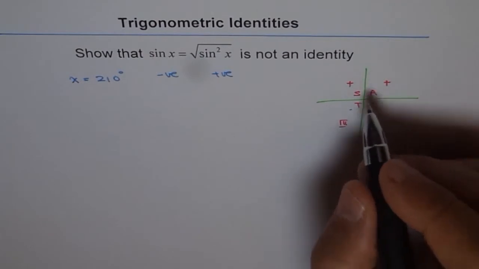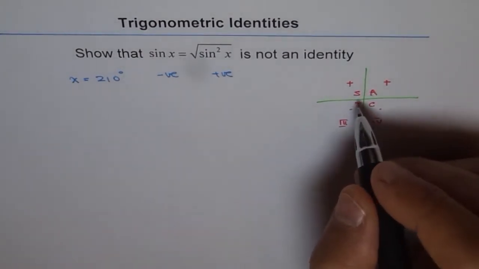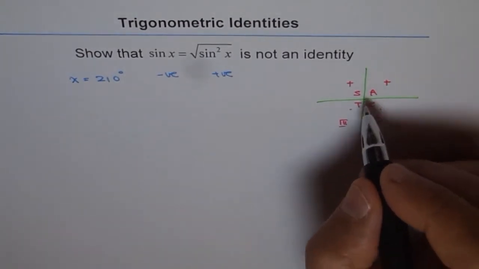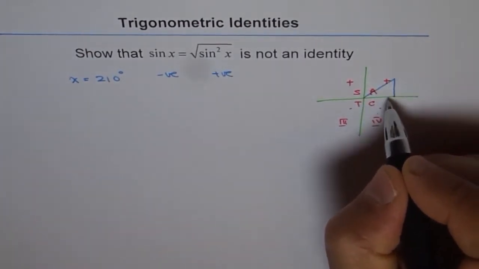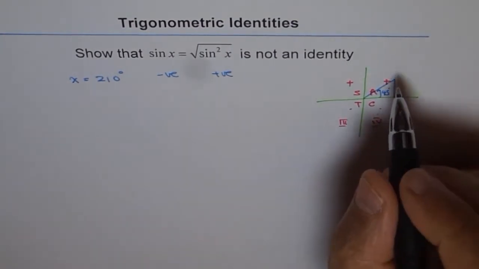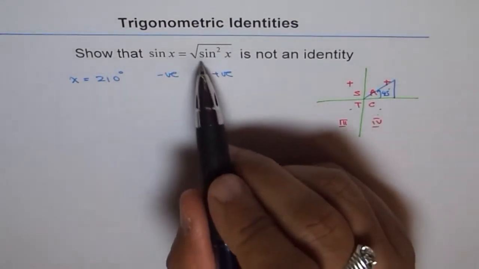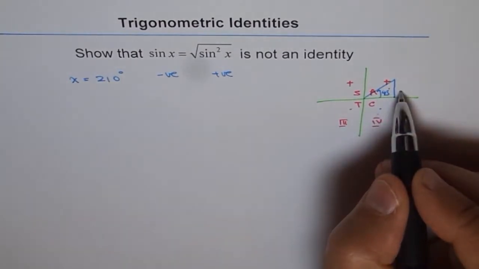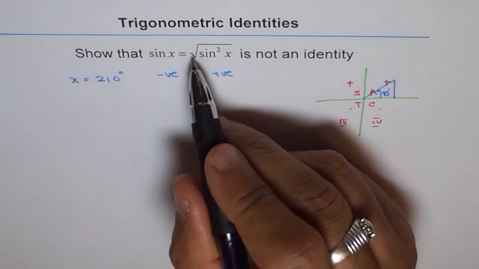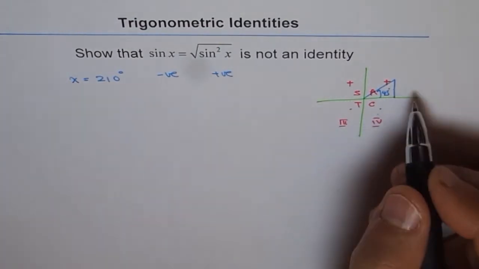You can use any of your standard triangles. Let's say you take 45 degrees, so sine of 45 is 1 over square root 2, right? If I write this triangle, and let's say this is 45 degrees, then sine of 45 gives 1 over square root 2. And if I do sine square and then the square root, I'll get the same thing.